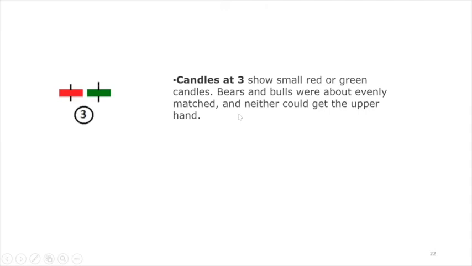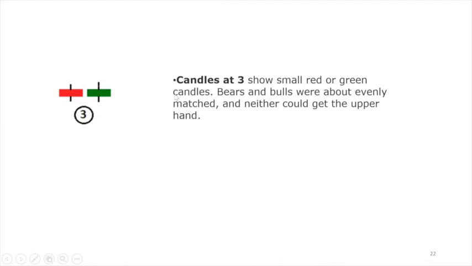So candle 3 shows a small red and green candle. Bear and bull were about evenly matched and either could get the upper hand. This is, as I told you, like guessing.